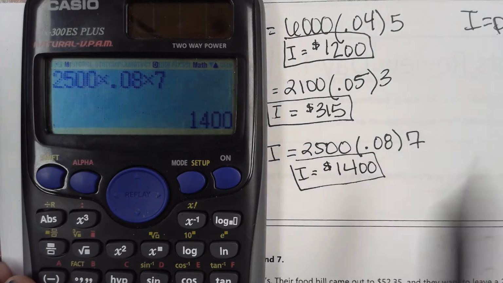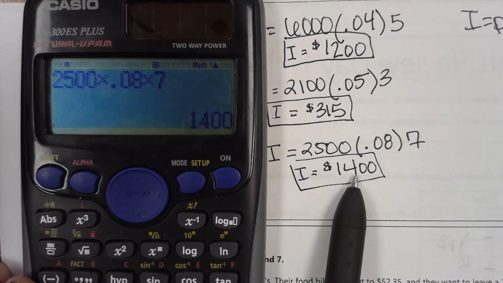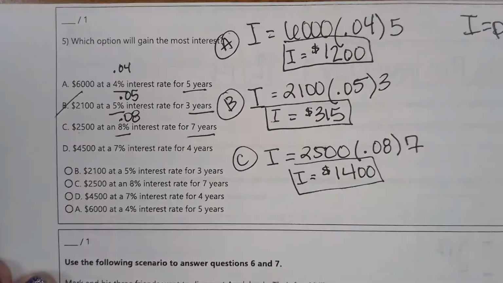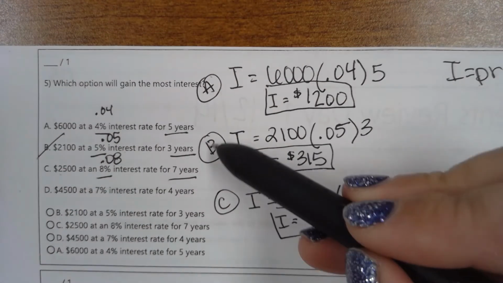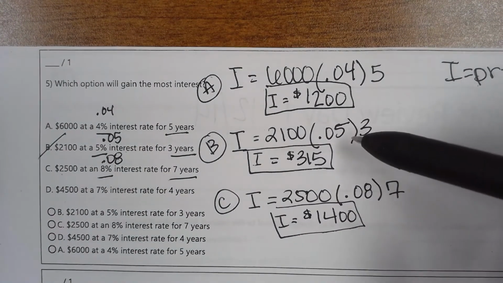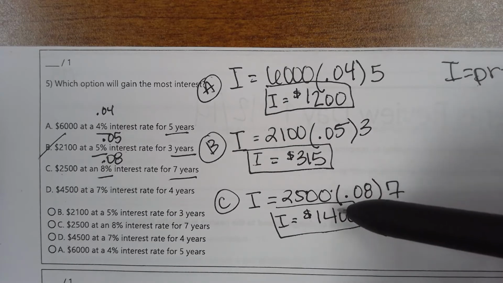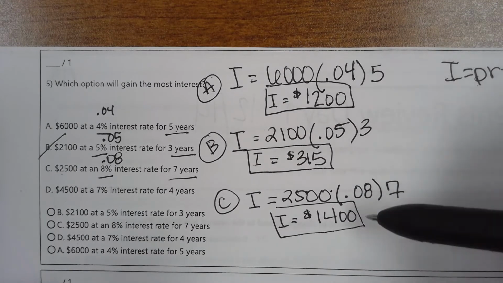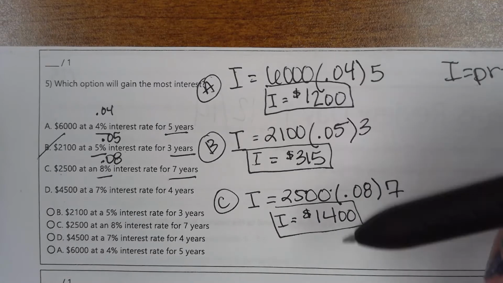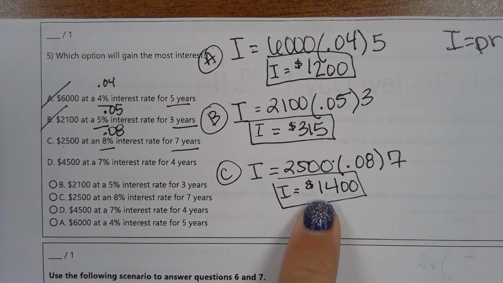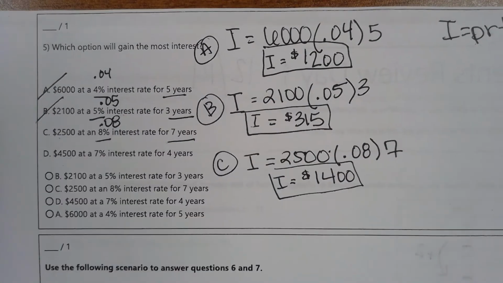So again, this interest is the amount that we're going to have to owe on top of the amount that we borrowed. So looking at A and C now, because we said B was not an answer choice anymore, which one is bigger, 1,200 or 1,400? Well, 1,400 is bigger than 1,200, so we know that A is not going to be our answer anymore, since 1,400 is bigger than that 1,200.